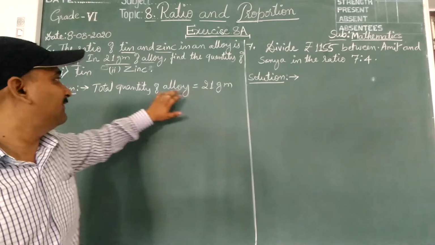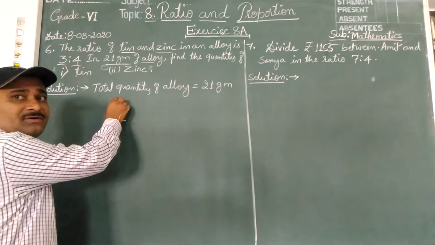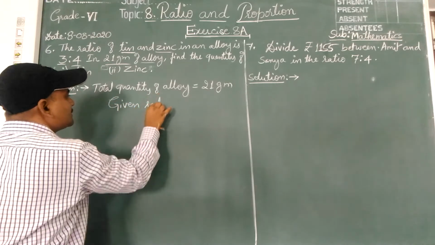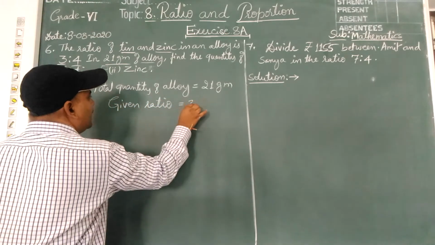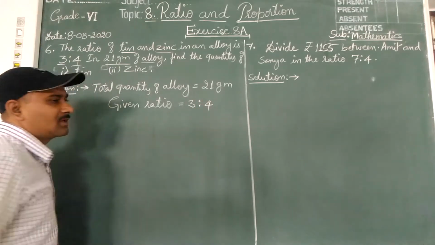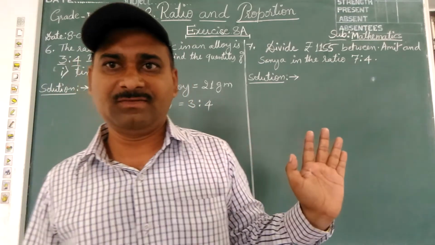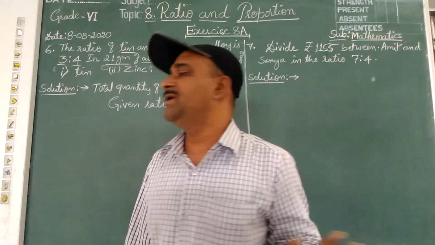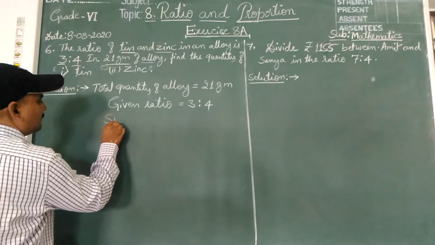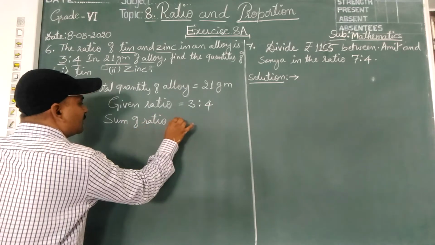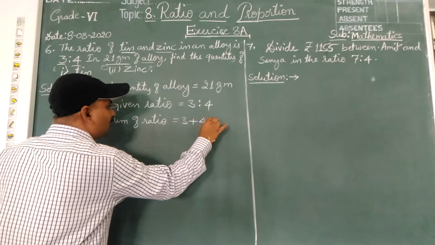And ratios are given. Given ratio is 3:4. In all the sums, children, we should add the ratios from now onwards. So sum of ratio equals 3 plus 4 equals 7.